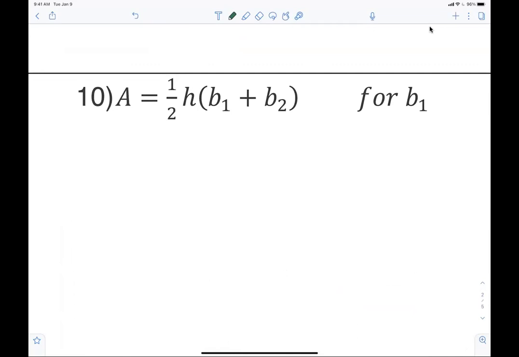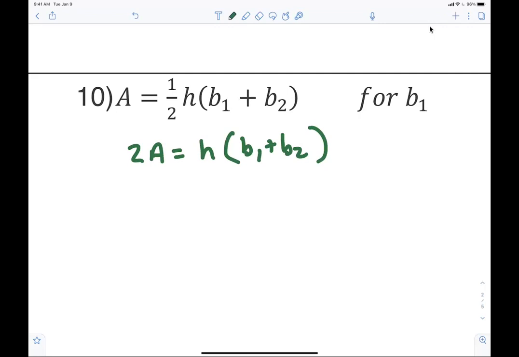Again, I see 1/2 again. How do I get rid of 1/2? Reciprocal. What is the reciprocal of 1/2? So now 2a equals h times b1 plus b2. That's the area of a trapezoid. Now, I need to get rid of what next? h.